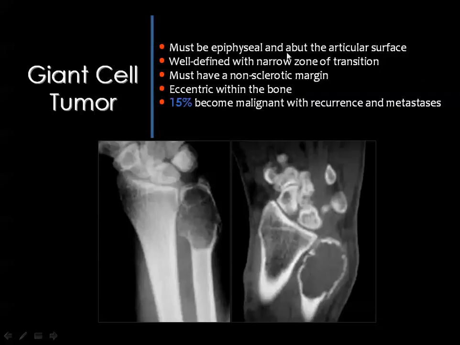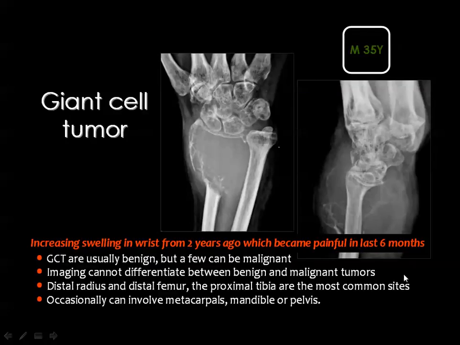Then this lesion must abut the articular surface. It must have a margin which is non-sclerotic, and this lesion is eccentric, and you remember that a good percentage of the tumor may have recurrence or malignant features.